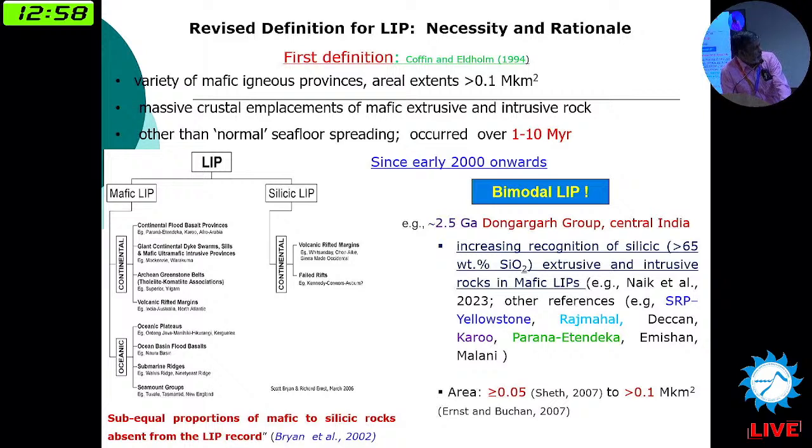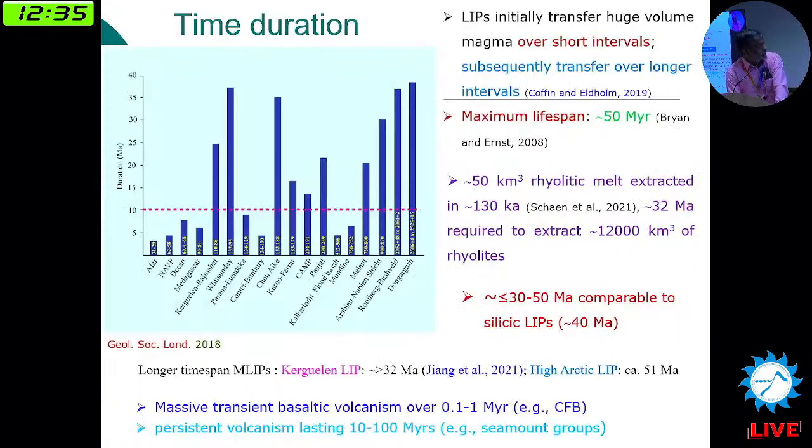And of course, earlier it was very confined that it has to be 1 lakh square kilometers. Hetu contributed that it could be 50,000 square kilometers, or even less than that. It has helped to recognize the Precambrian LIPs. I'm coming to this point, the very significant part of time duration that we're talking about.